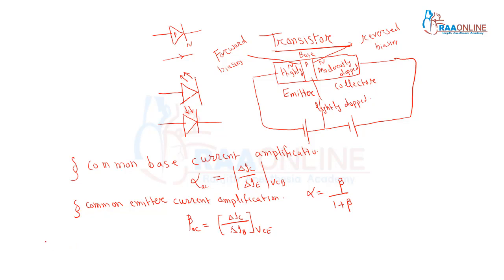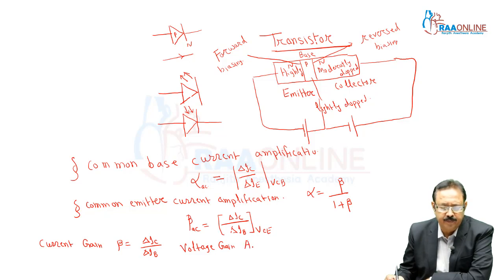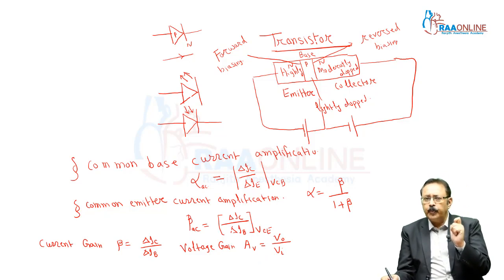And three types of gain are there. First is current gain, beta, delta IC upon delta IB. Second is voltage gain. It is denoted by AV, meaning output voltage upon input voltage. Remember, output is always collector.